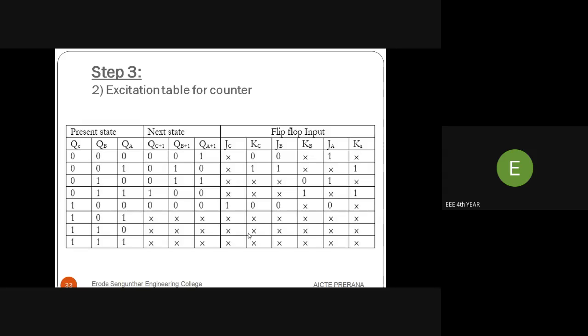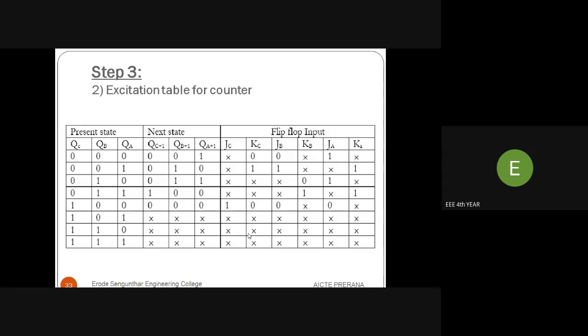The present state QC QB QA is 000. What about the next state? If the present state is 000, the next state is 001. If the present state is 001, the next state is 010. If the present state is 010, the next state is 011. Like that the cycle continues.